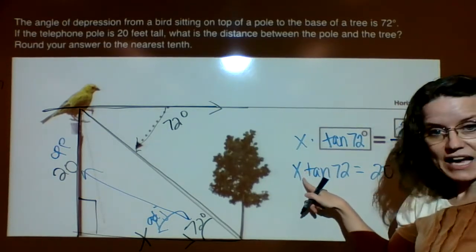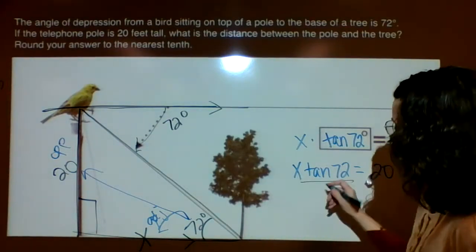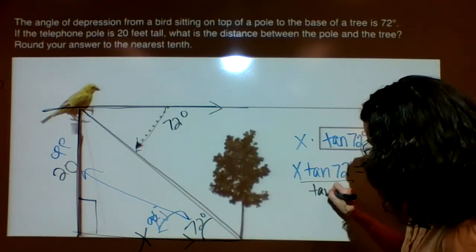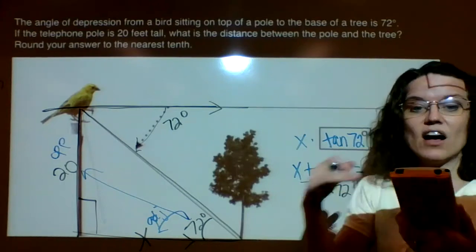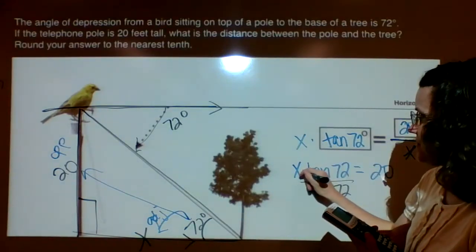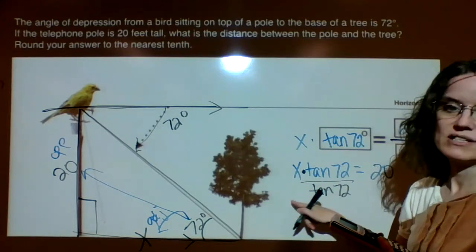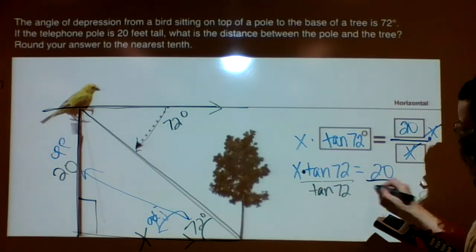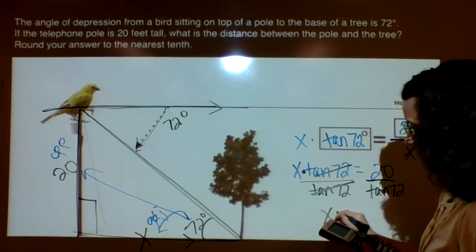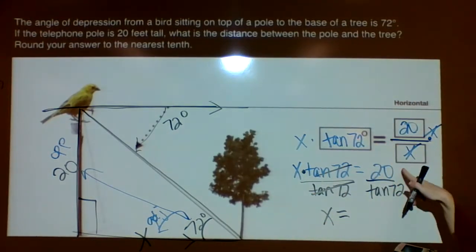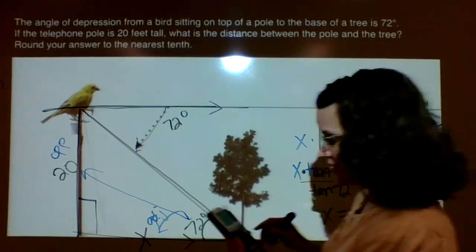The inverse of timesing by a tangent is dividing by a tangent. See the difference with the inverse? The inverse is untangenting, but the opposite of multiplying by a tangent is dividing it. And then I'm going to divide it on this side. And so my mystery side is going to equal whatever 20 divided by the tangent of 72 is.